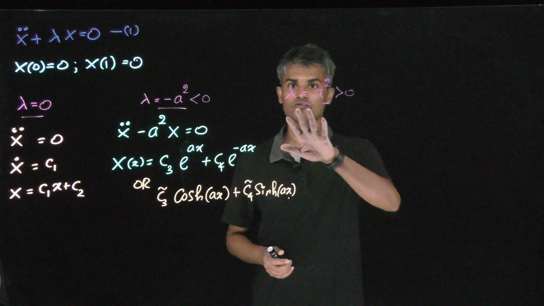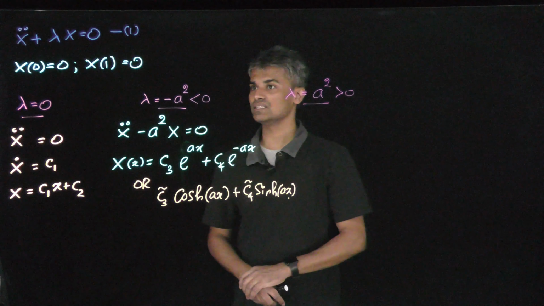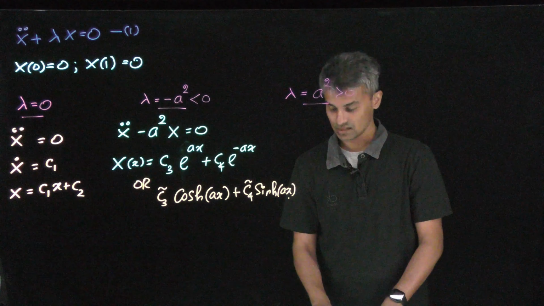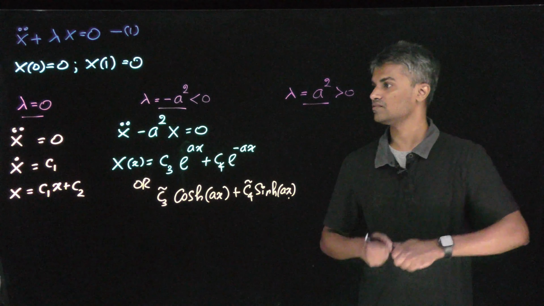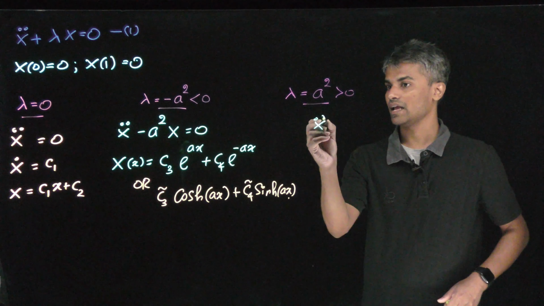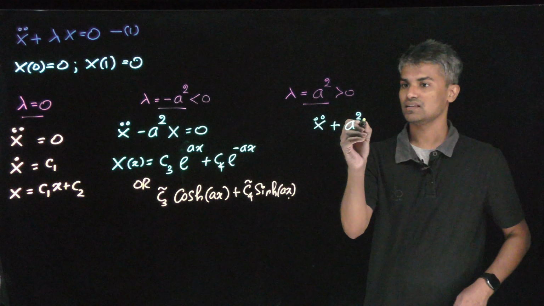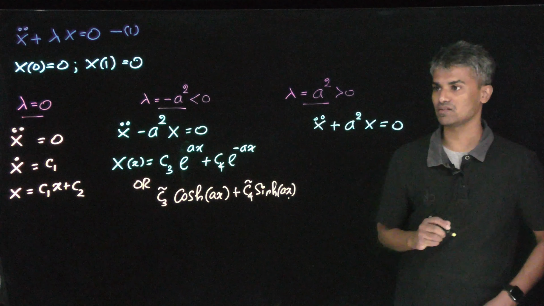Now if lambda is a positive number, then my differential equation is X double dot plus a squared times big X equals 0.